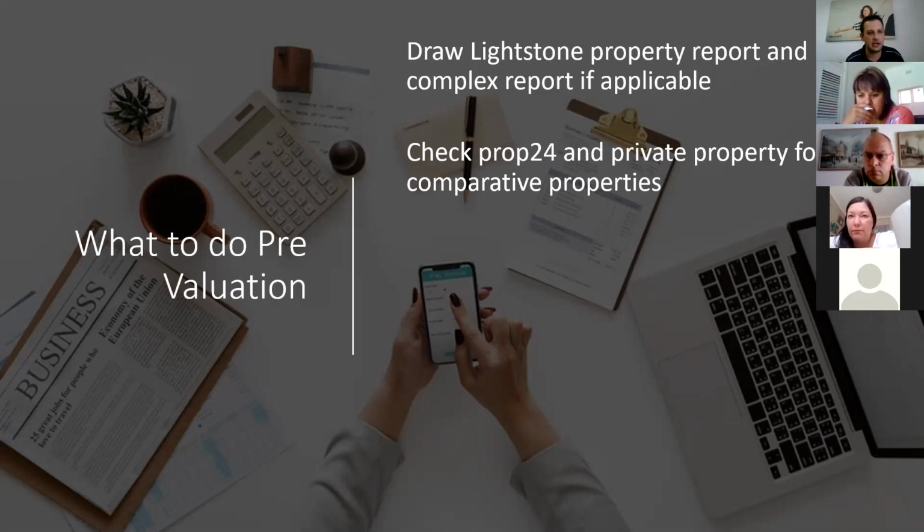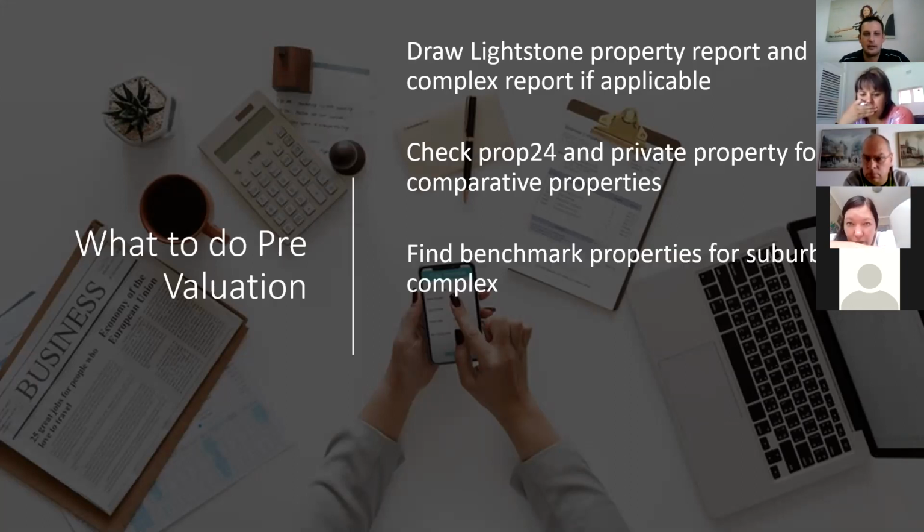Are you in a gated secure estate? Yes or no? Getting all that information up front means that when you check Property24 and Private Property, you've got a list of things to compare that property to. Okay, makes sense. Find benchmark properties for the suburb or complex.